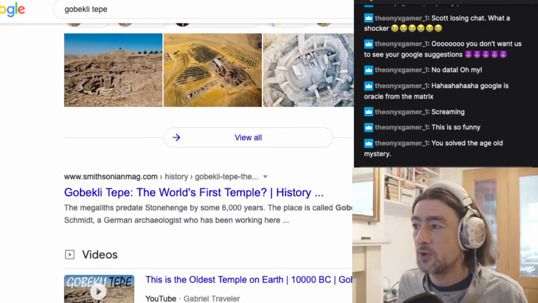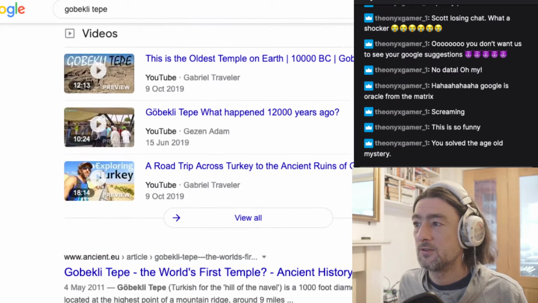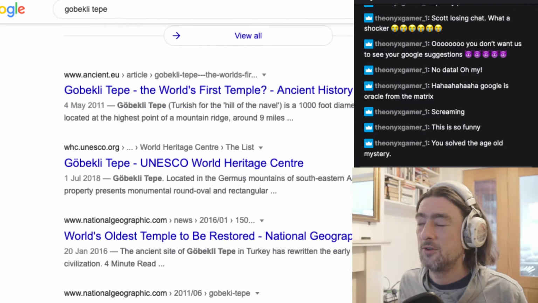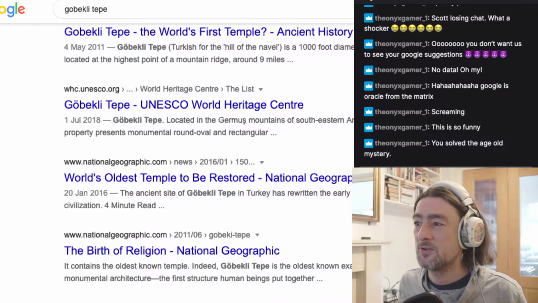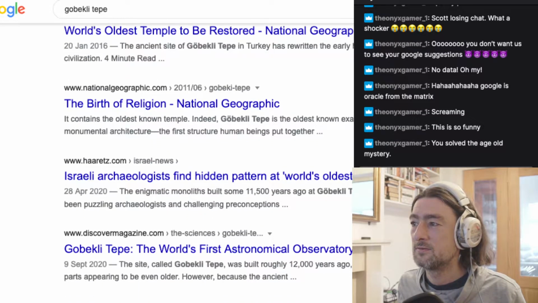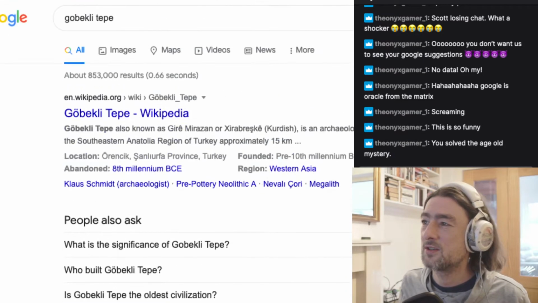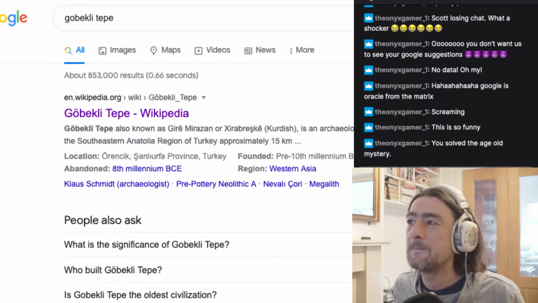World's first temple, question mark. What happened 12,000 years ago? UNESCO World Heritage. It's to be restored. They find a hidden pattern. Yeah, there's nothing to suggest how it was built, is there?